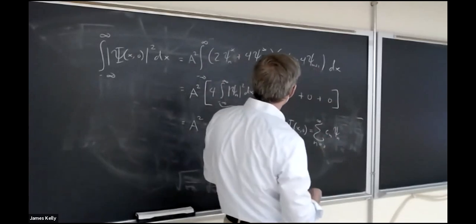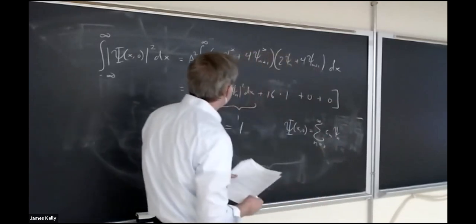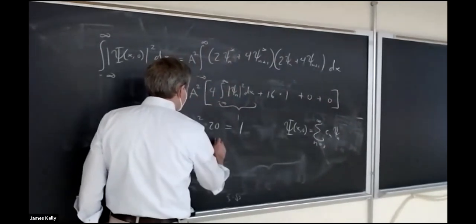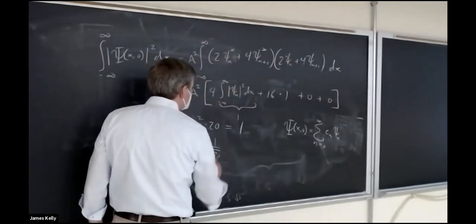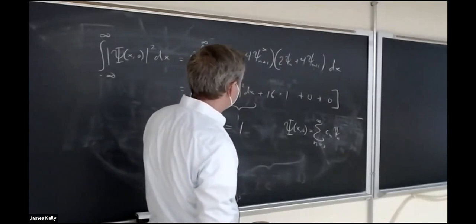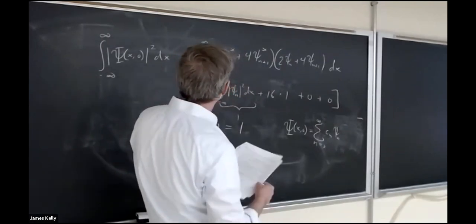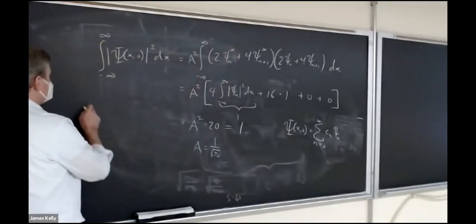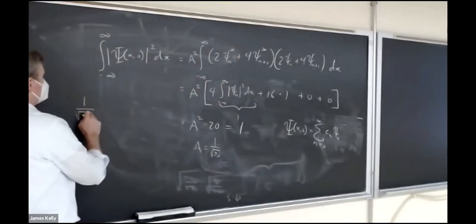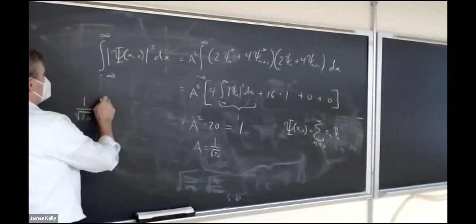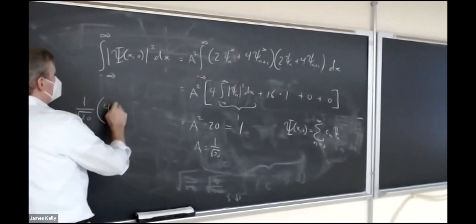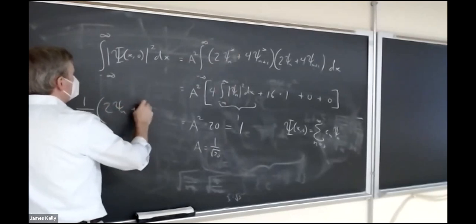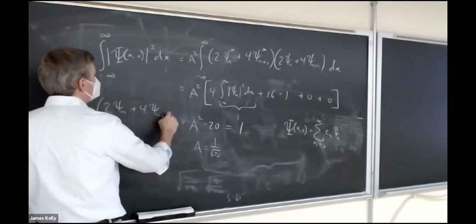Okay, so once I take into account that a is 1 over root 20, I can say what my state looks like: 1 over root 20 times 2 psi n plus 4 psi n plus 1.